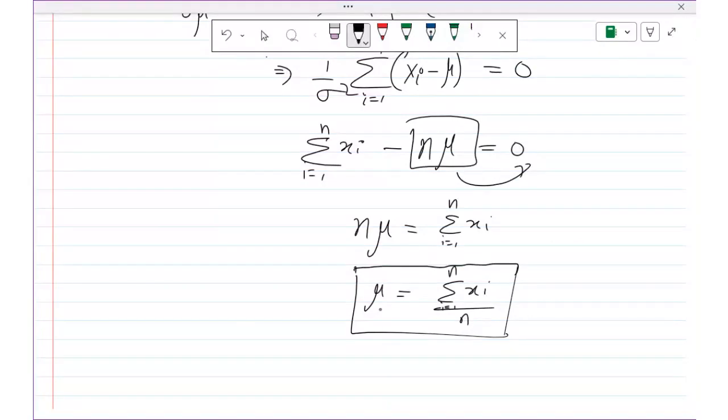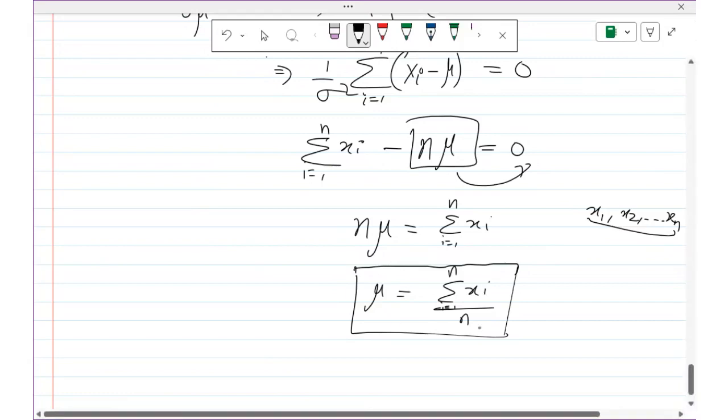If you have these values x1, x2, ..., xn, what is the best way to estimate the population mean? The answer is given by this maximum likelihood estimator, which is the mean of the sample. If you want to estimate the mean of the whole population, you should use the mean of the sample. Any doubt in this first part?